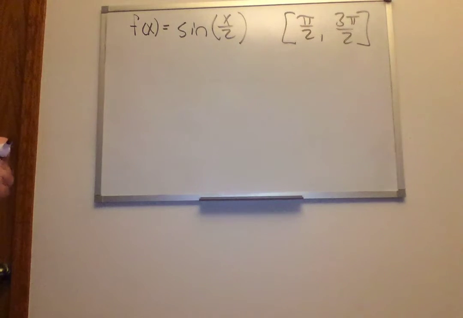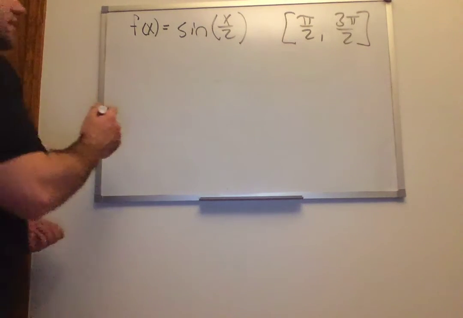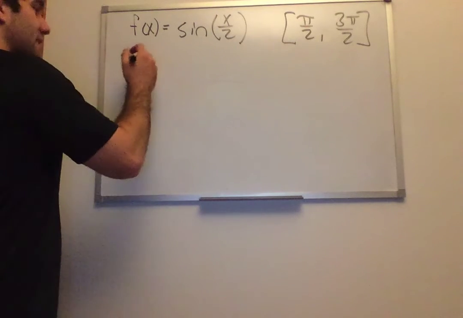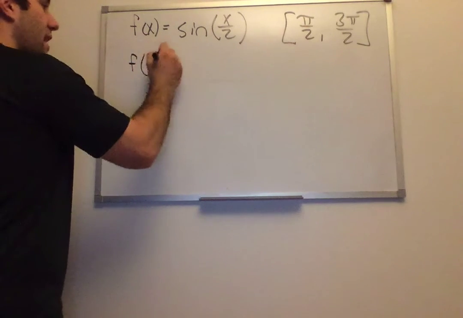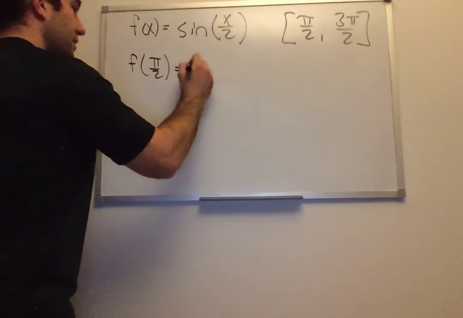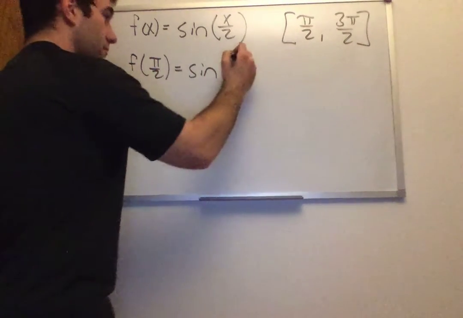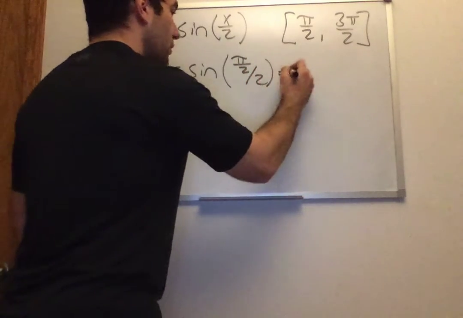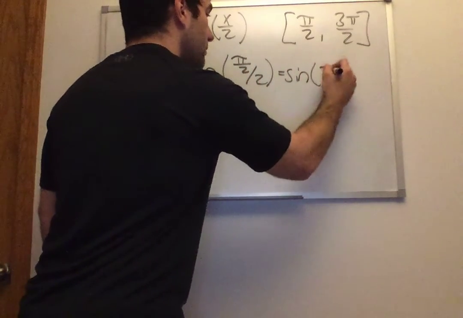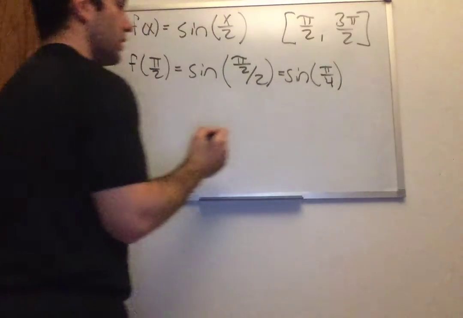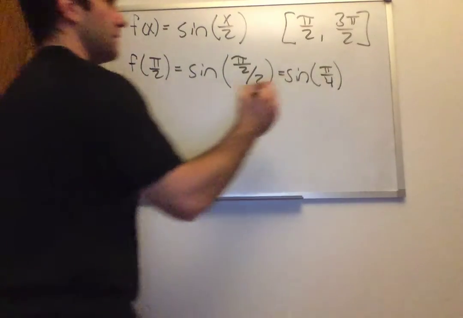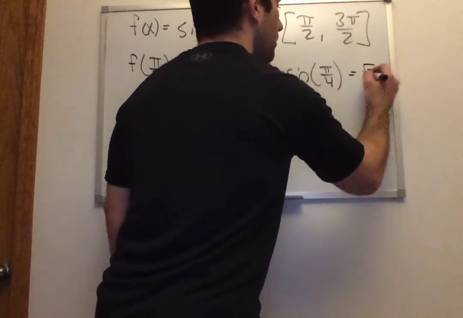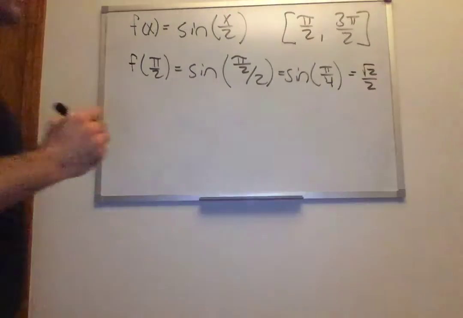Alright, the first thing I'm going to do, the third condition is probably the easiest to satisfy. First find f of pi over 2, which is sine of pi over 2 divided by 2, which is sine of pi over 4, which we know is root 2 over 2.